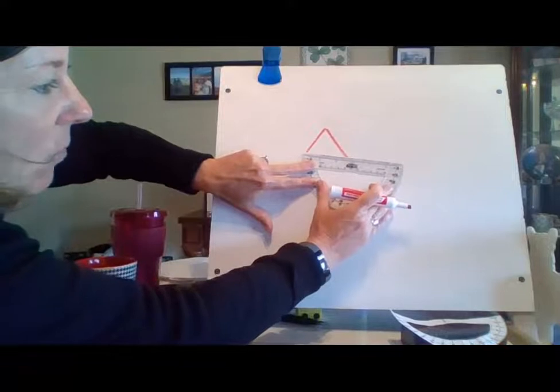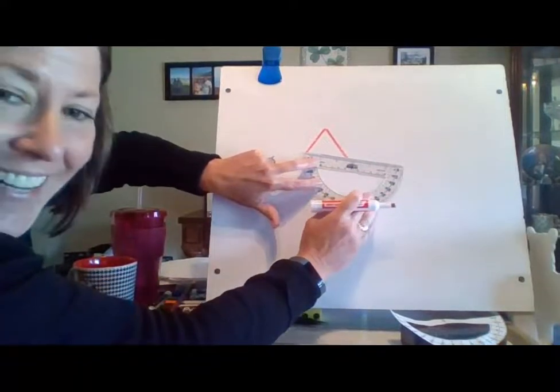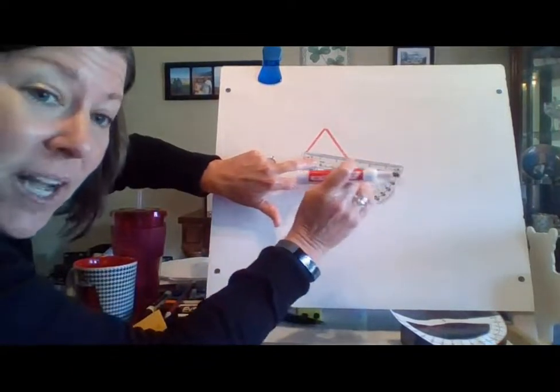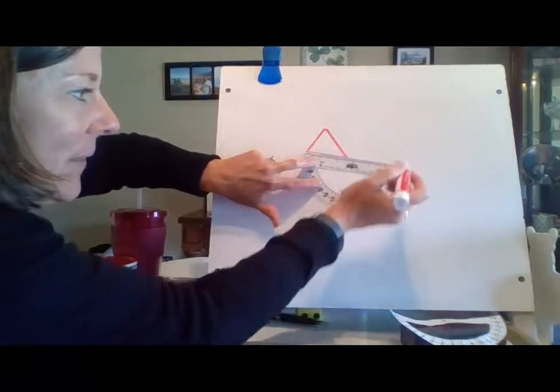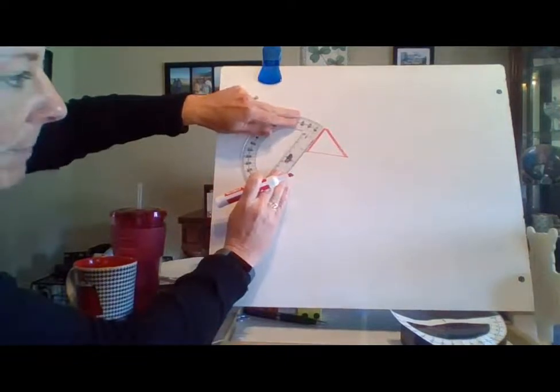Now, when I go to do my last one, it's a little bit longer than 2 1/4. It's actually a little bit longer than 2 1/2, this last one. Okay, and I can see that there. So I'm going to just measure again.